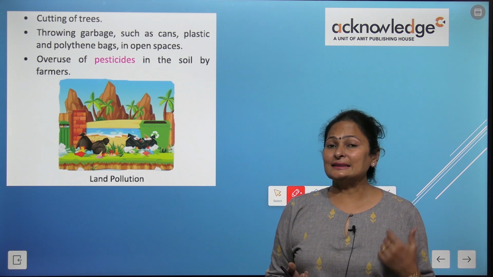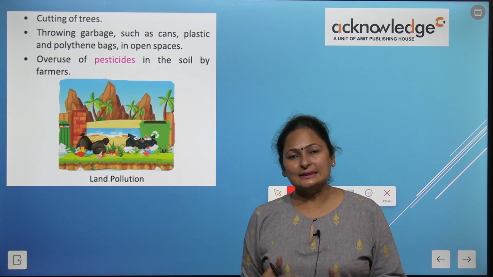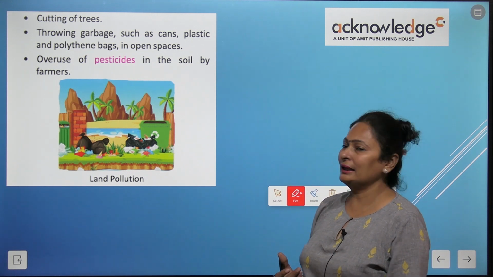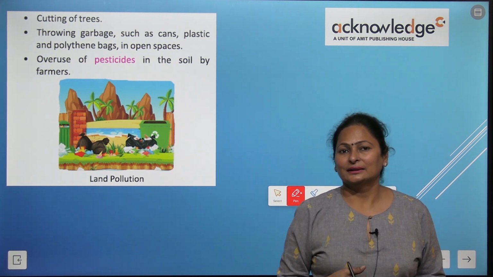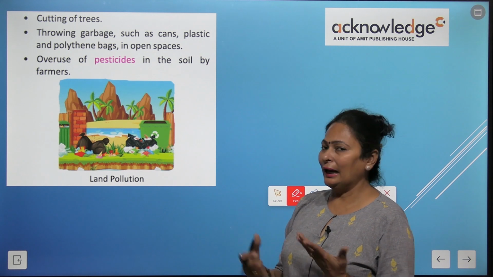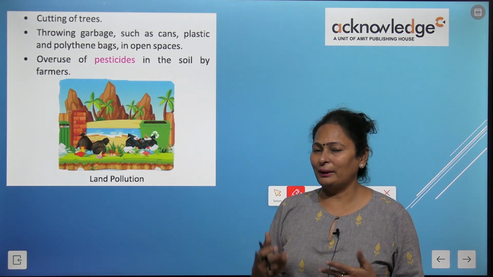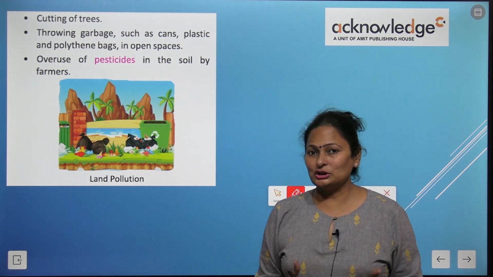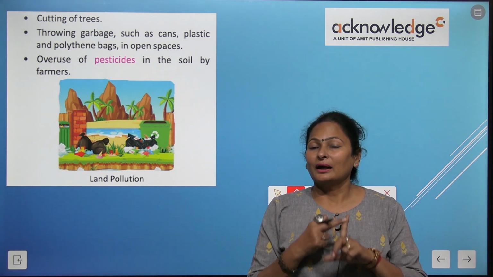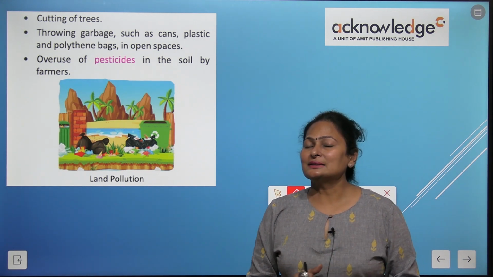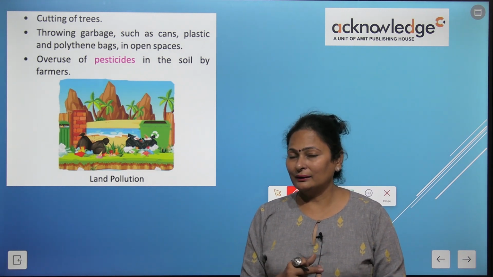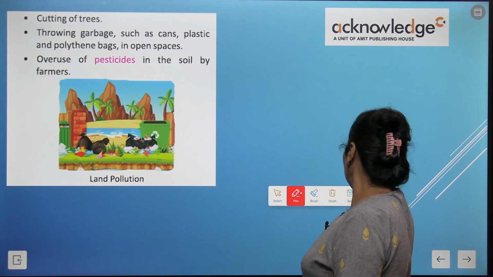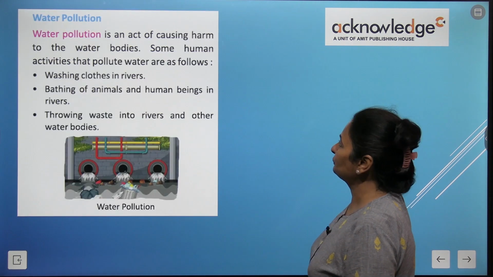Yes, excessive usage of pesticides and fertilizers is harming our land. Land pollution increases in these ways. We should stop it, and it is impacting the fertility of land. Yes, it is impacting the fertility, so it needs to be stopped.